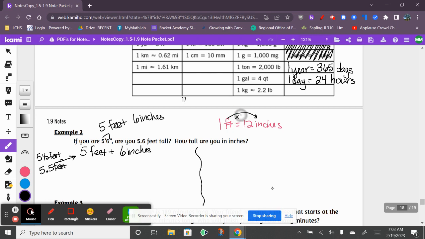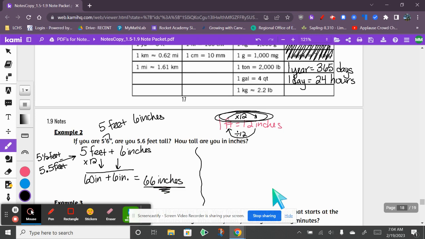So that shows that we are multiplying by 12. If we went from inches to feet, to go from 12 to the number 1, we would be dividing by 12. So we're going to be using times 12. So I'm going to multiply by 12 to change it to inches. So this would be 60 inches, plus we still have our previous 6 inches. So we get a total of 66 inches.